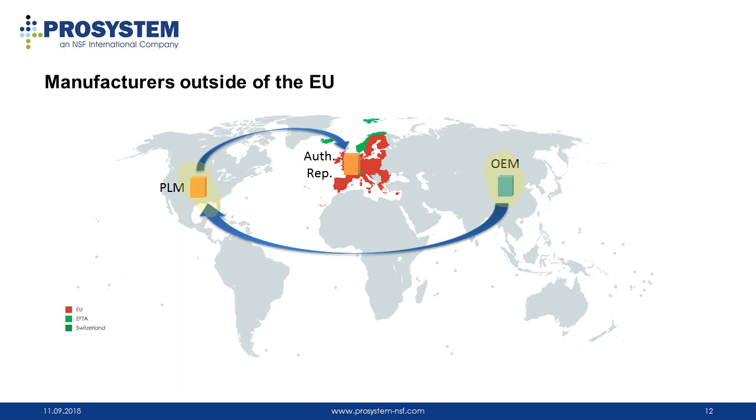You, as a PLM exporting your products into the European Union, at the current stage only have to have this EC representative who has to be labeled on your product, but you are the legal manufacturer and you are responsible for your complete documentation and for your complete product.